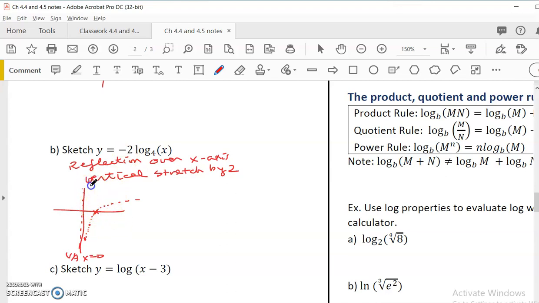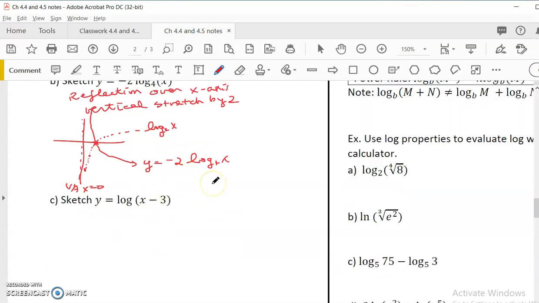That means stretch down and stretch up more, but this would be y equal to negative 2 log 4 x. This is the parent function log 4 x. So that's how you do it. You don't have to build a table and such.